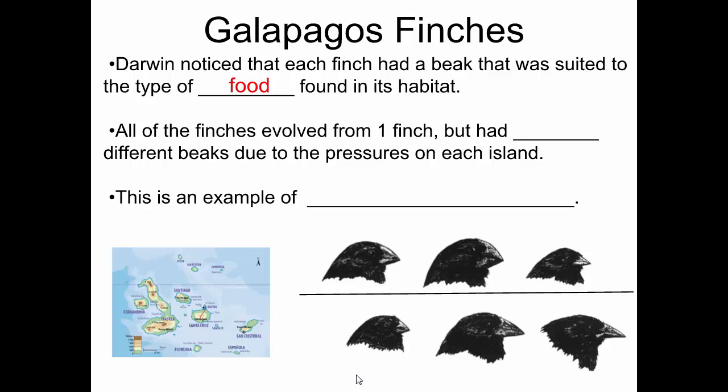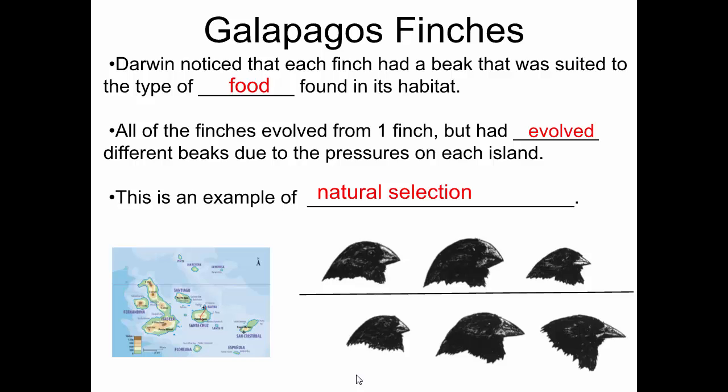So his idea was that all of these finches actually came from one original finch species, which migrated from the mainland of South America onto these Galapagos Islands. Then, as time went on, each finch on these little islands started to evolve in a different way. They each evolved so that their beaks suited the foods on those islands.